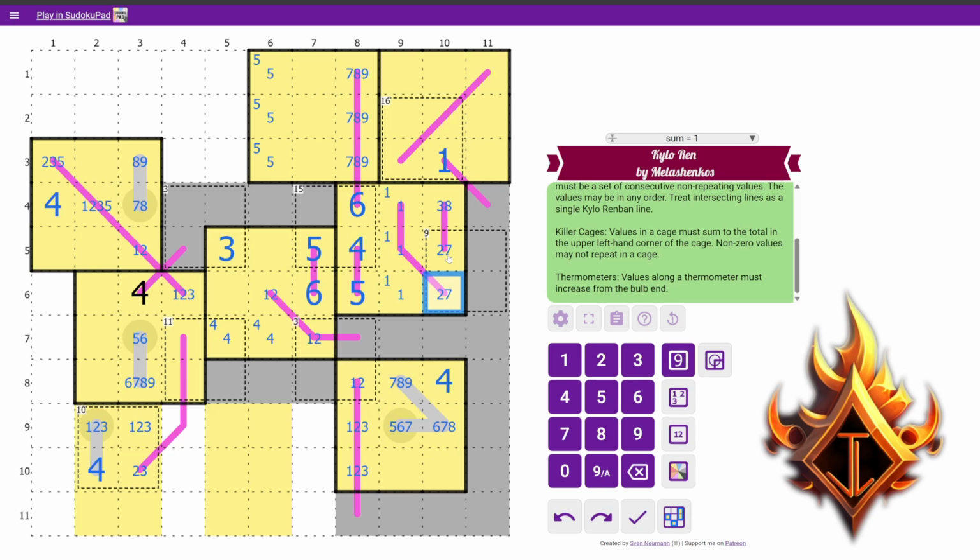That seems okay. If this was 2, that would be 1, 3. So 3 is up here. If that is 2, then that's 1, 3. If that is 7, then that is 2, and that's 3. 7, 8, 9 can be either way around.